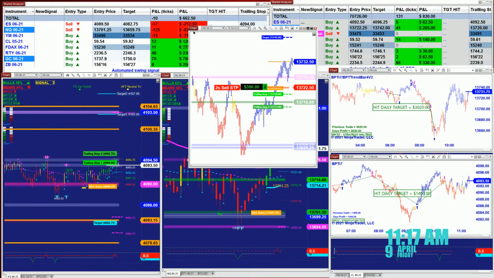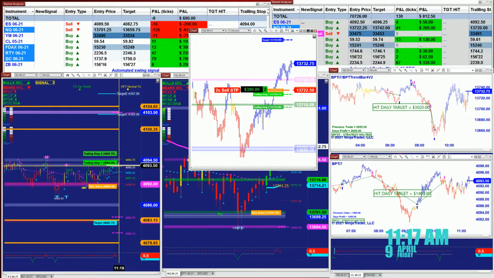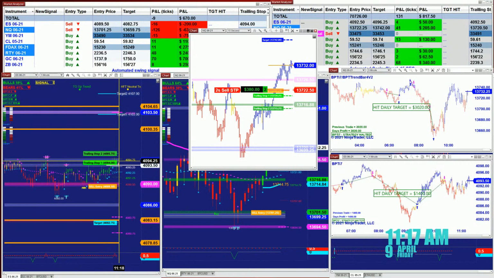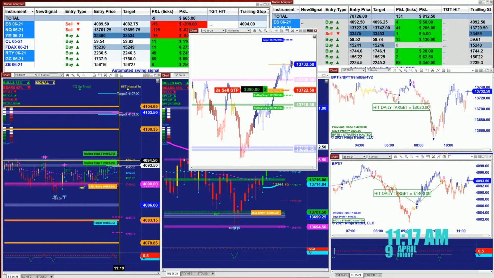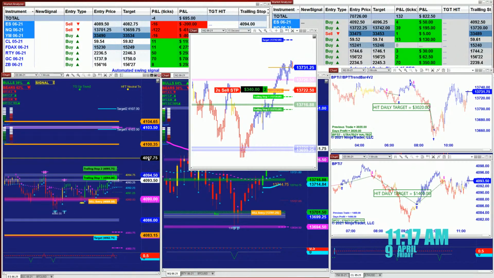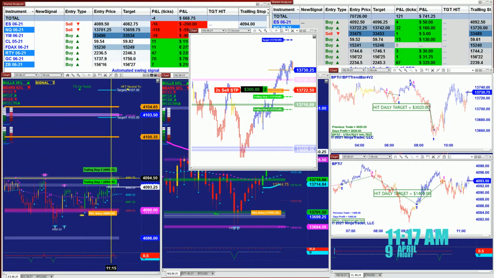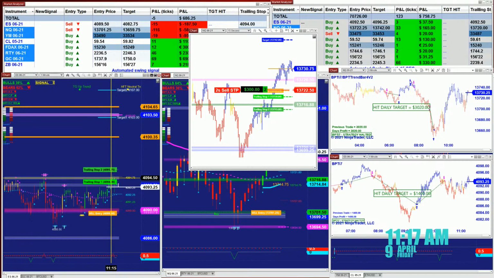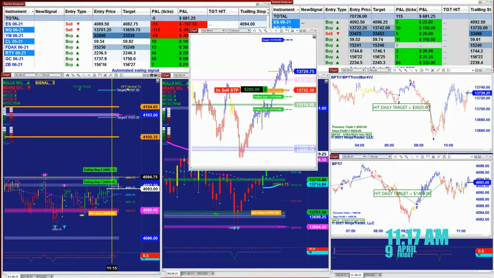And now I'm still concerned about this market because I'd love to see the ES going above the 4094.50, as we've been screaming the whole day. Now we have the NASDAQ in the clear, now we need the ES to get in the clear to the 4095.